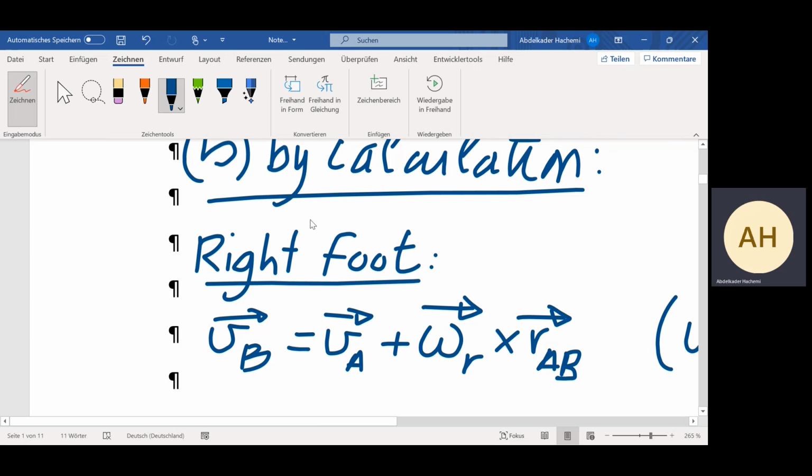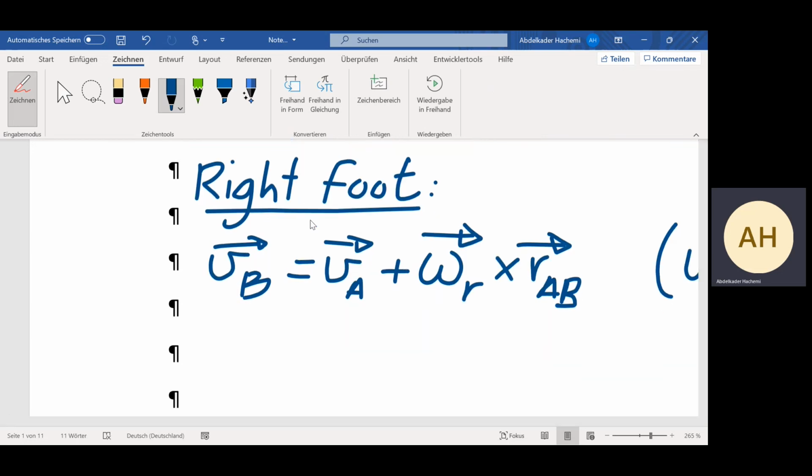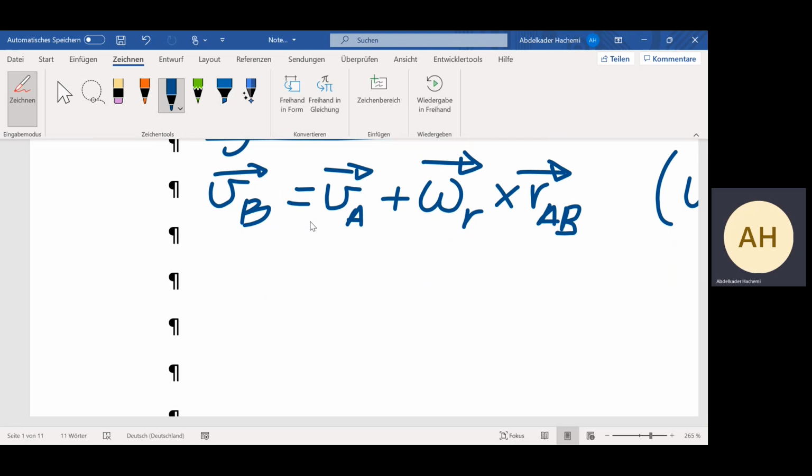Now, if we write the equation, what we know and what we don't know: we know only VA, we know the position vector RAB, but omega R is unknown, VB also is unknown.